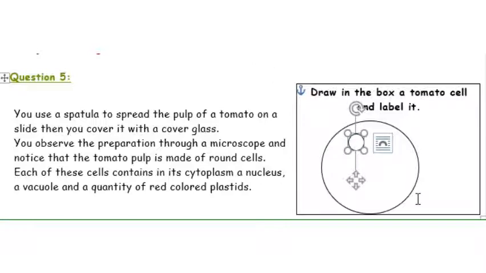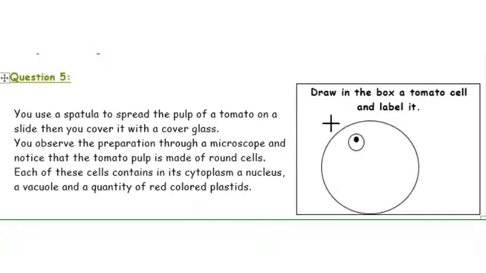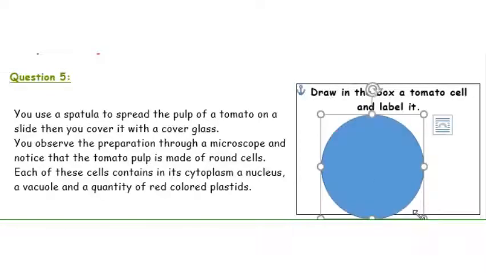Let me add some details. This is the nucleus. The tomato cell is a plant cell, so don't forget to add the cell wall of the tomato cell. We need to add a cell wall to this cell.